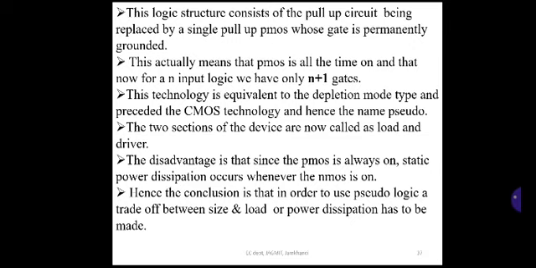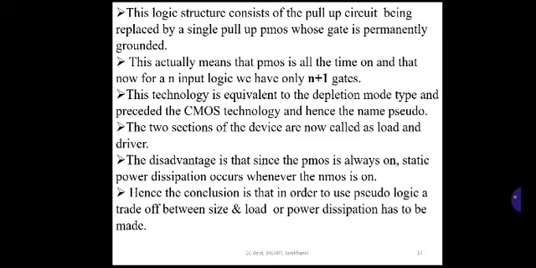The only thing is that the depletion mode transistor is replaced with this P transistor. It preceded the CMOS technology, hence the name pseudo NMOS. The two sections of the device are now called load and driver. The upper one is the load and the lower part is called the driver.